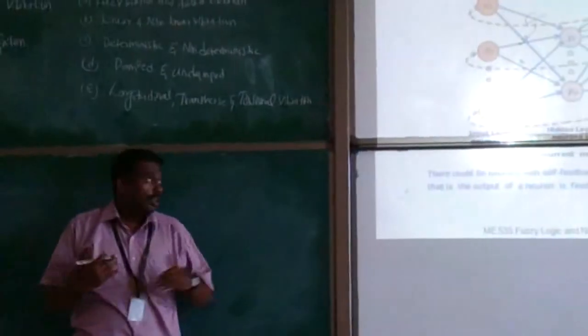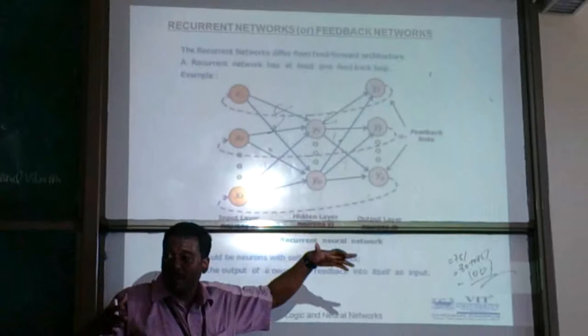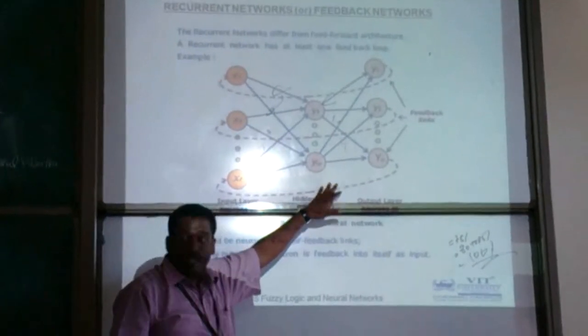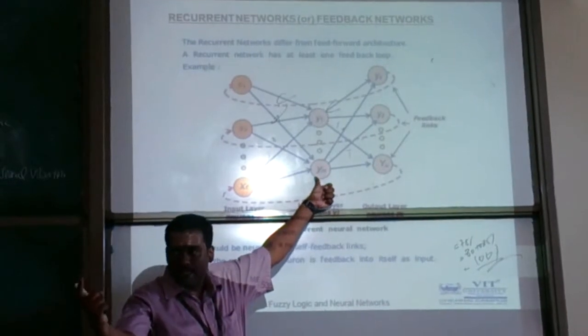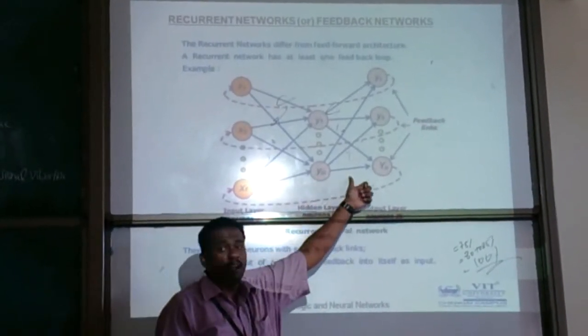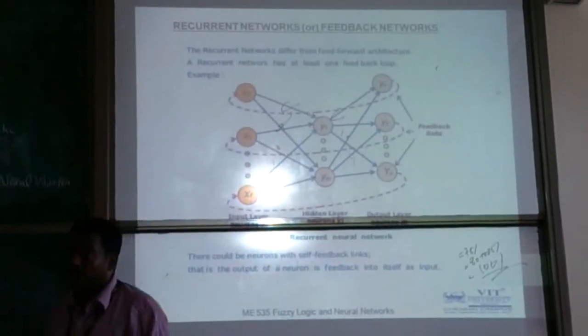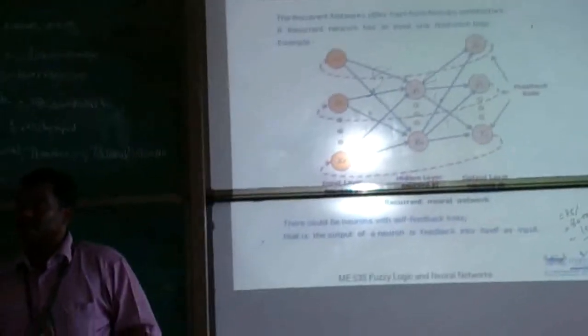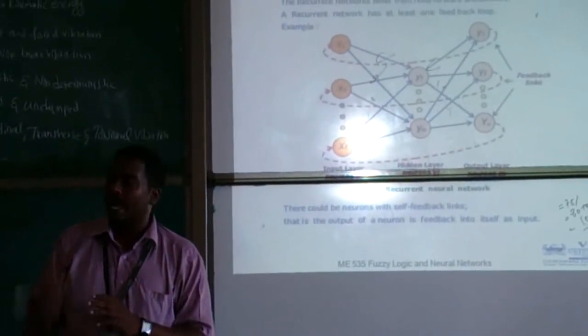If you have an input layer, the recurrent network, the feedback network, and parallelly you incorporate one intermediate layer, this is called a hidden layer. Still, if you are not able to get the efficiency, you have to incorporate another hidden layer. If you incorporate another hidden layer, the neural network model takes more time to get the efficiency.